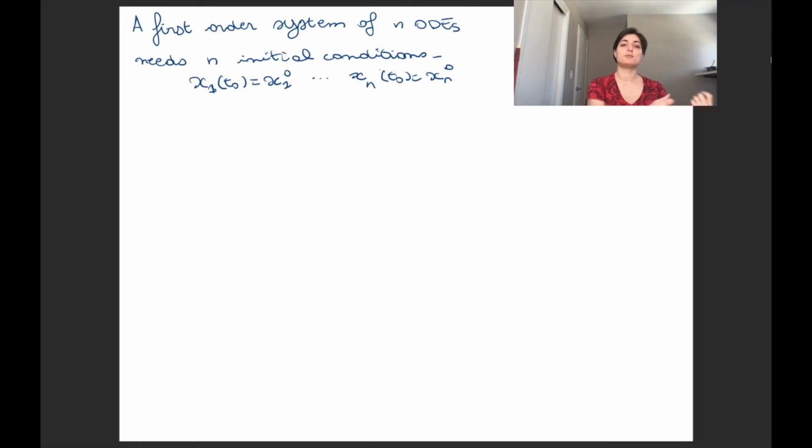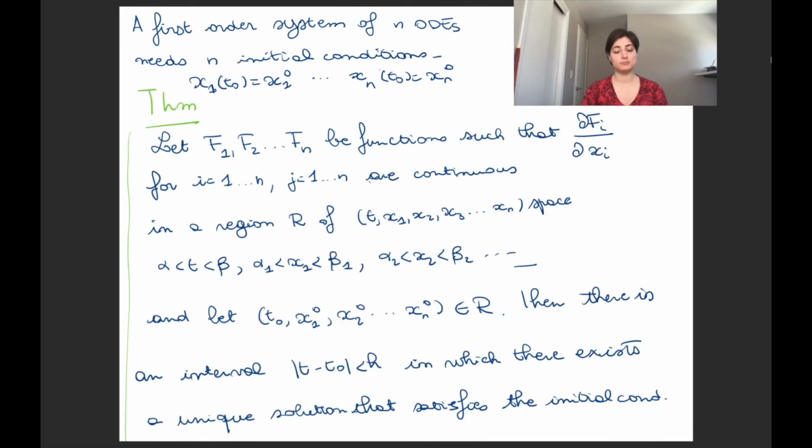As for nth order ODEs, a first order system of n ODEs needs n initial conditions, which we write as x1 of t naught equals x1 zero, down to xn of t naught equals xn zero. And we have a theorem that corresponds to the existence and uniqueness theorem from before, but in a more general setting, because we are expecting the f's to be independent.